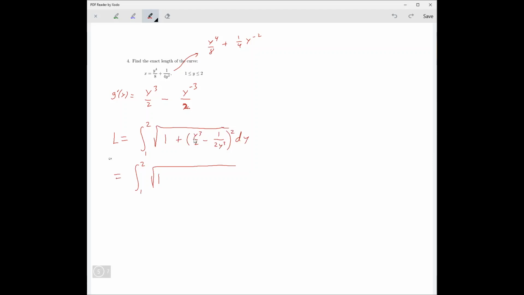If I square that, I get the first one squared, which is going to be y to the 6th over 4. Okay, plus the product of those two times 2, so it's minus. This times this, the y cubes are going to cancel, and it's 1/2 times 1/2, so it's 1/4.